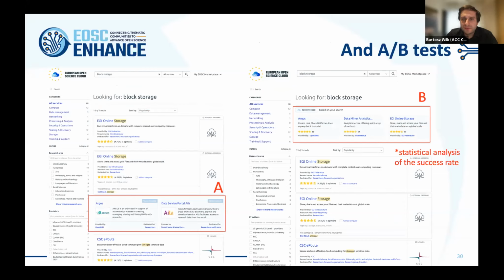The other method that is worth mentioning is A/B testing that we are also using currently in the marketplace, and for some specific scenarios we will be using this research method as well.